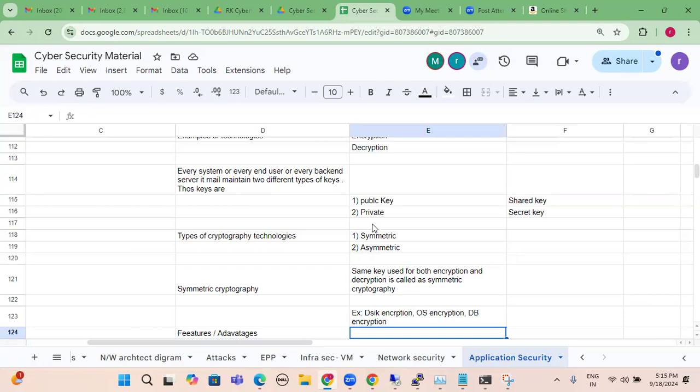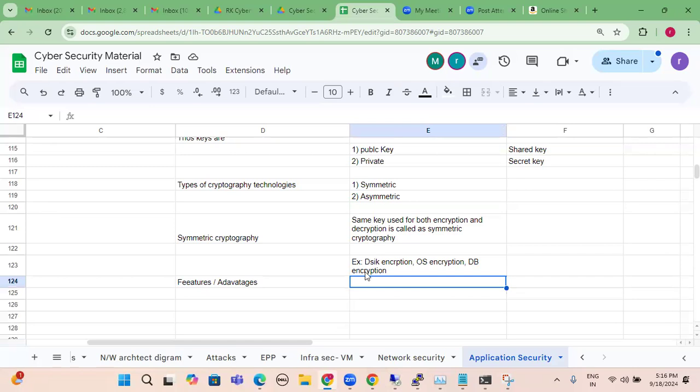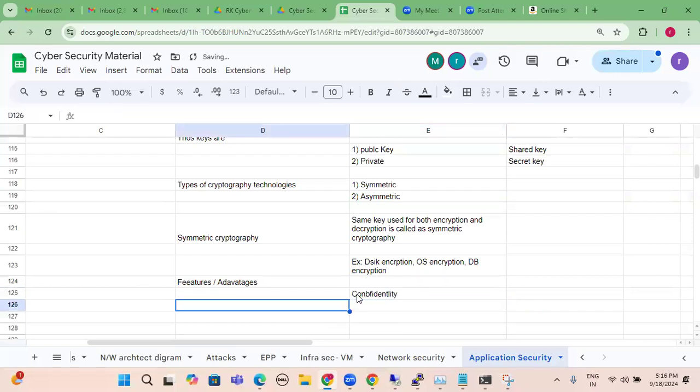So it will not provide non-repudiation, whether the information is legitimate or illegitimate, honest or false. Those things are missed in symmetric. Symmetric provides only confidentiality. Now, what are the drawbacks of symmetric?